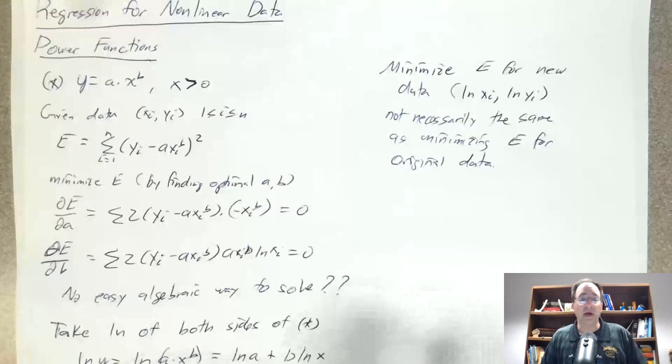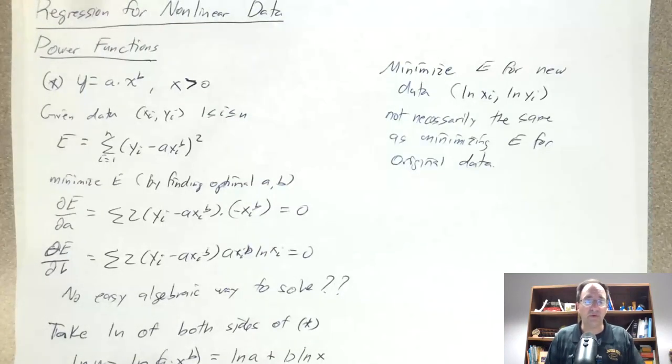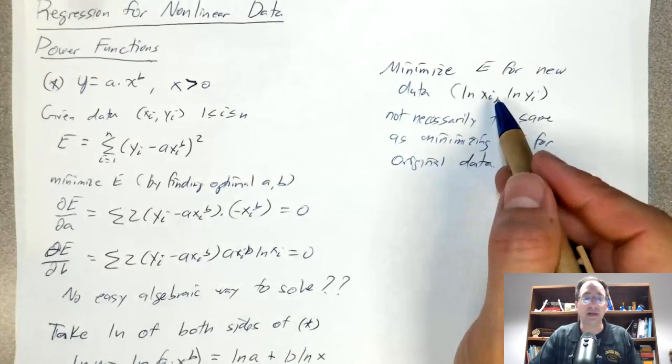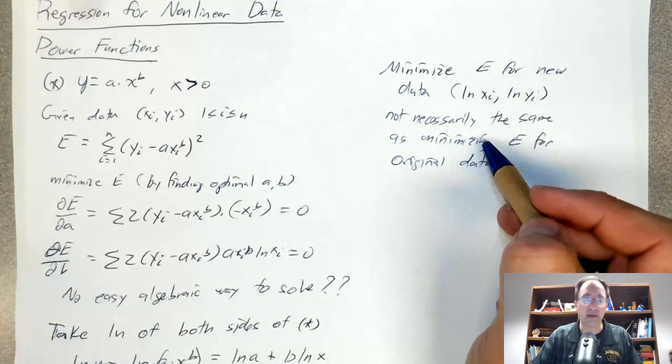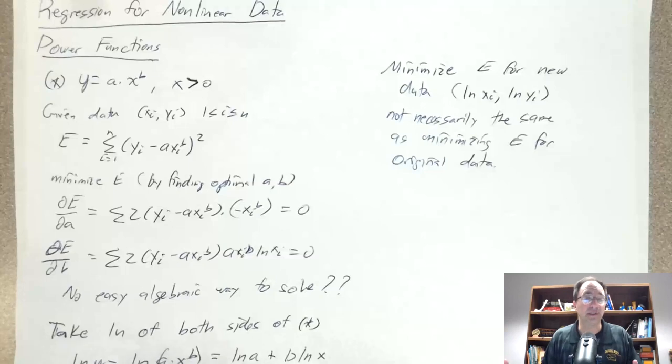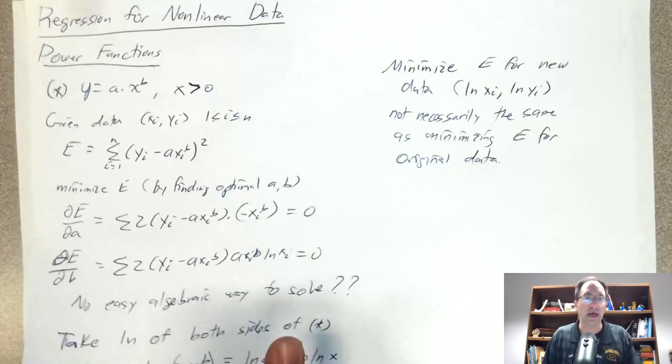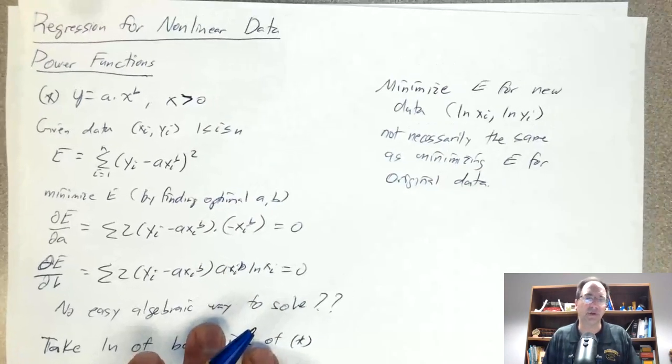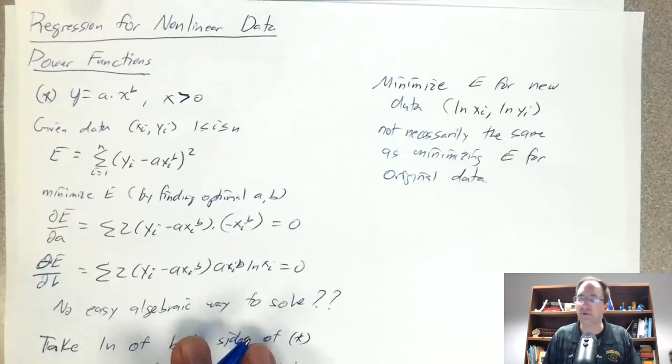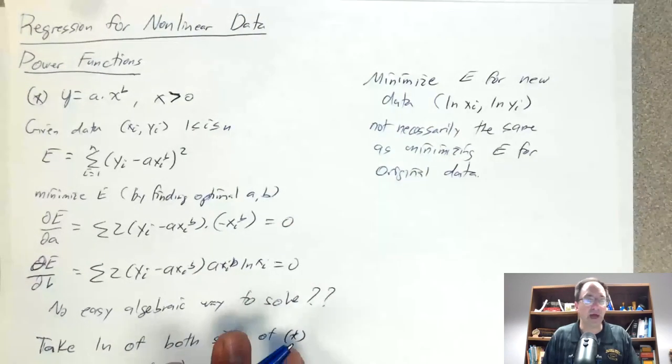So what minimizes E, or SSE, if we've used that term as well, for this transformed data is not the same as for the original data, and so you could get a discrepancy, but it's the best we can do if we're going to use this calculus idea and what we already know about linear regression. So if it's a really good fit, that distinction is not going to matter too much, but as the model starts to lose some accuracy, then that difference could start to become significant, and we'll eventually see that as well. So that gives you the background.